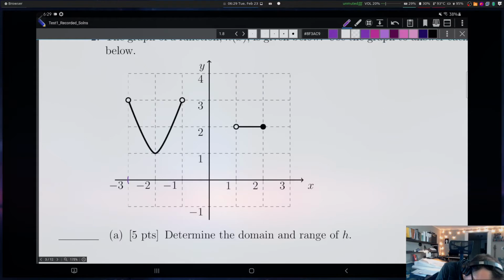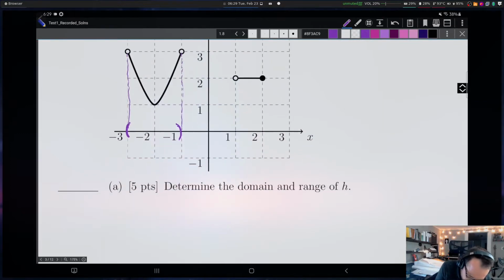I'm seeing something corresponding to this open circle. I'm seeing something like that. So I need to leave out this endpoint here. And corresponding to this open circle, I'm seeing one of these guys. So I need to leave out that endpoint too. And so I guess I should go ahead and include that. So let me go ahead and tell my reader what I am computing.